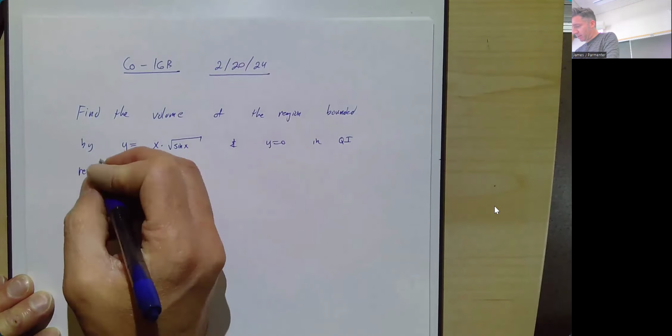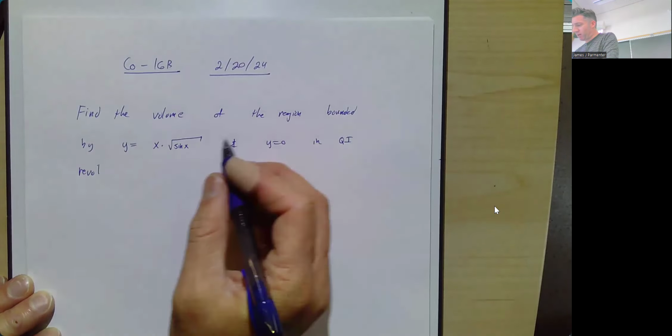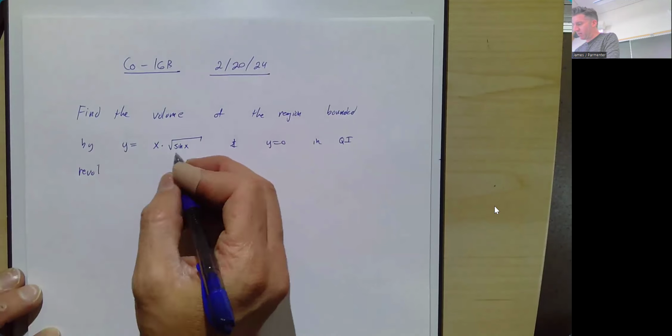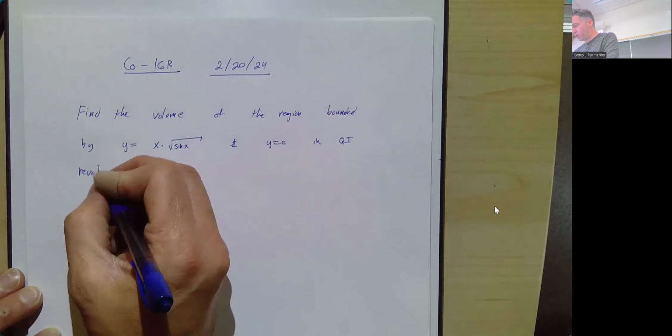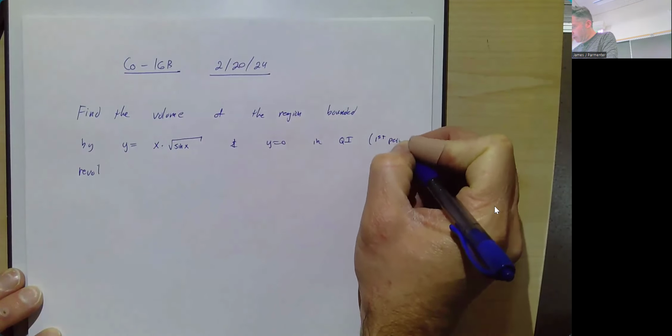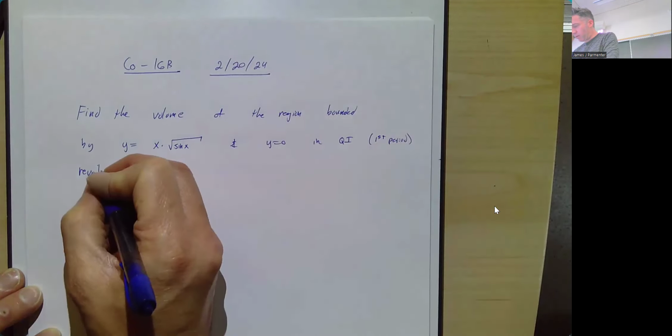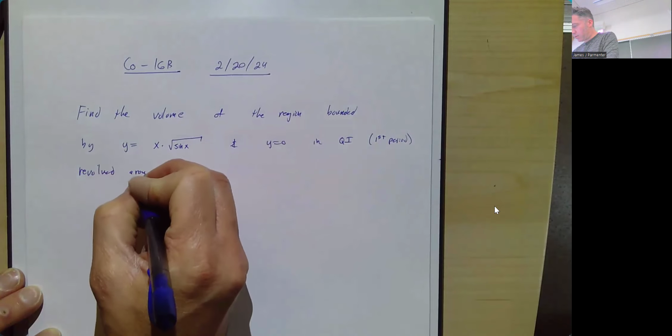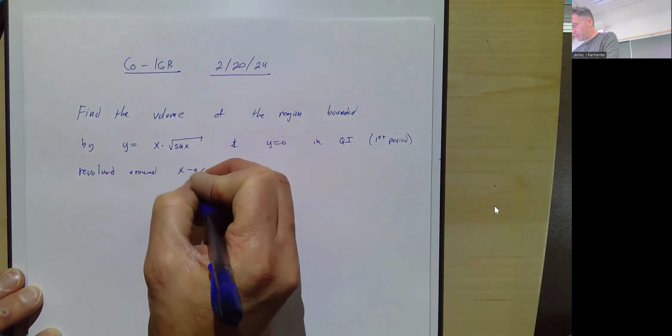Revolve. Sorry, I'm not speaking very loudly. Find the volume of the region bounded by y equal to x times the square root of sine of x and y equals 0 in quadrant 1. Just the first period, because this would go on forever technically. Revolved around the x-axis.